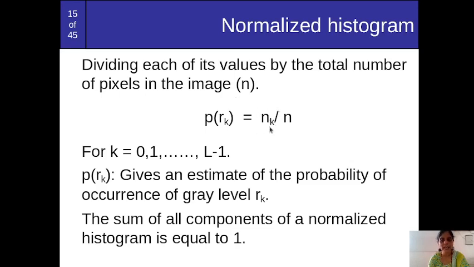For example, if the intensity value equal to 100 has 100 pixels, and n is the size of the picture, the total number of pixels in the image, say 4 cross 4, then 100 divided by 16 would give us an estimate of the probability of occurrence of the gray level rk.